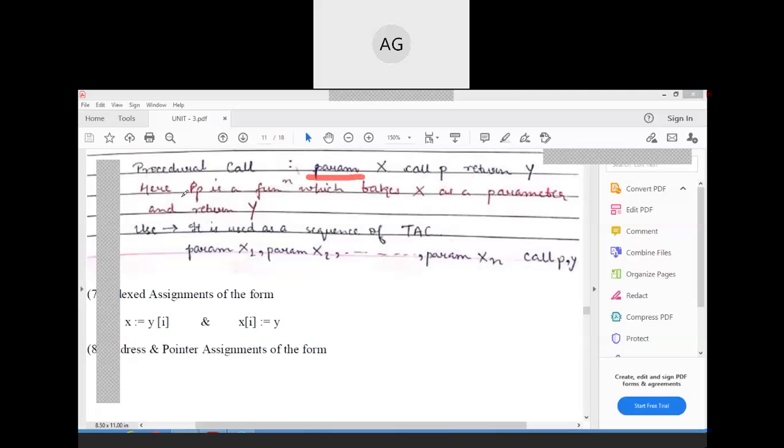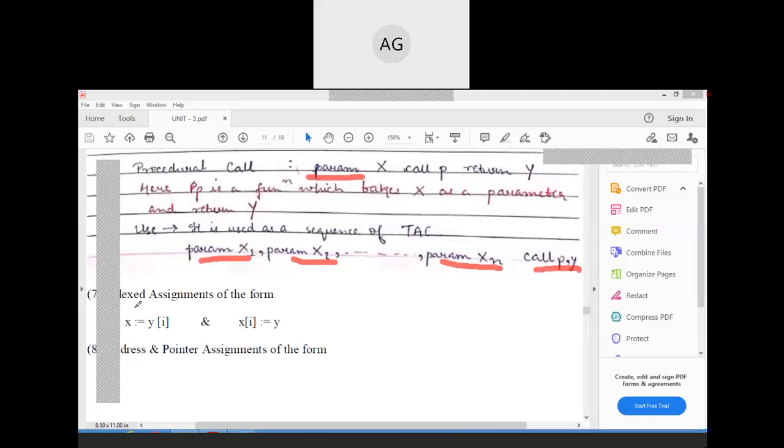Here p is a function which takes x as a parameter and returns y. It is used as a sequence of three address code. We can also write param h1, param h2 up to param hn, call the procedure, and then return y. This can also be dealt with in three address code.